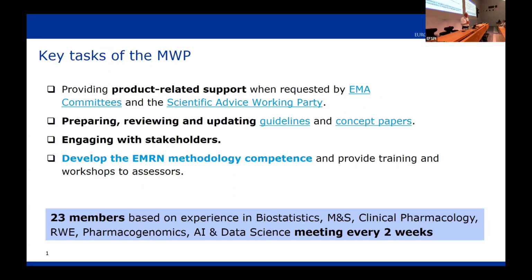Engaging with stakeholders, like we are doing today, and developing the EMRN, that's the European Medicines Regulatory Network of experts in competence, and providing the training and workshops for assessors, both methodological as well as clinical. We are present at 23 members across a range of disciplines, so quite substantially broader than purely statistics.